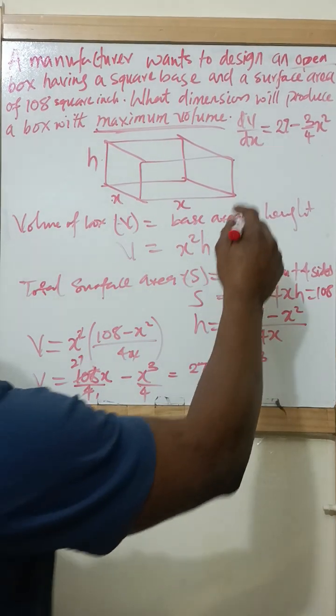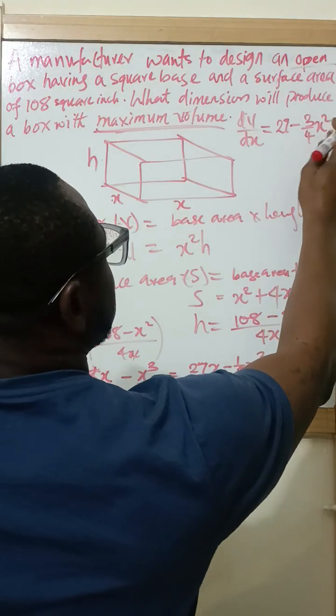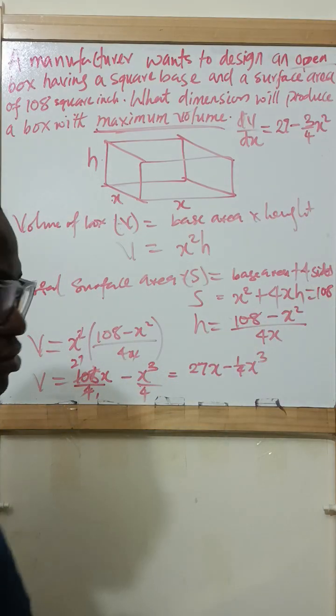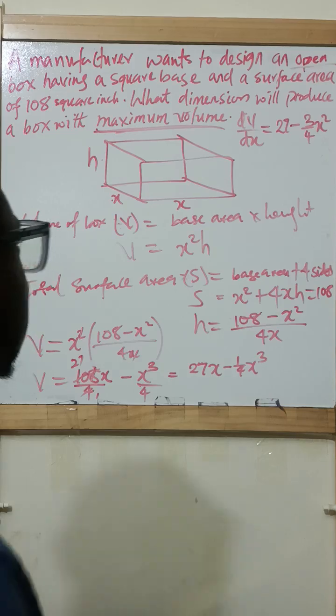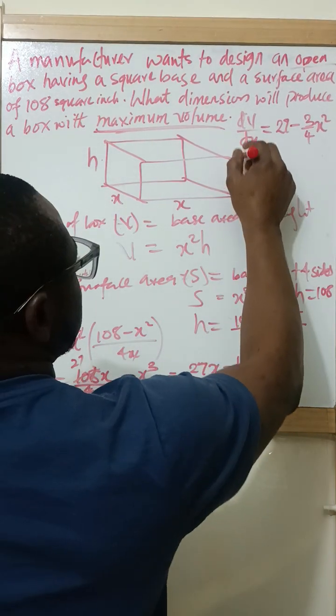So now this particular expression will be equated to 0 to get the maximum. But how do you know it is a maximum?